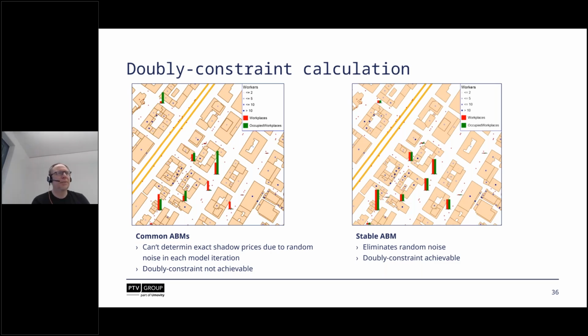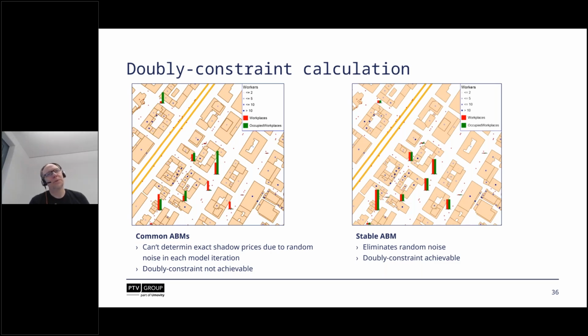A very common concept from aggregate models, where you usually run doubly constrained with regard to workplaces or school places, saying that the number of available workspaces in each zone shall not be exceeded by what's being allocated as workers to them, or also that they shall be matched more or less, so that every workplace more or less is also consumed. In ABMs, this is rather complicated, so not many ABMs are able to offer that.